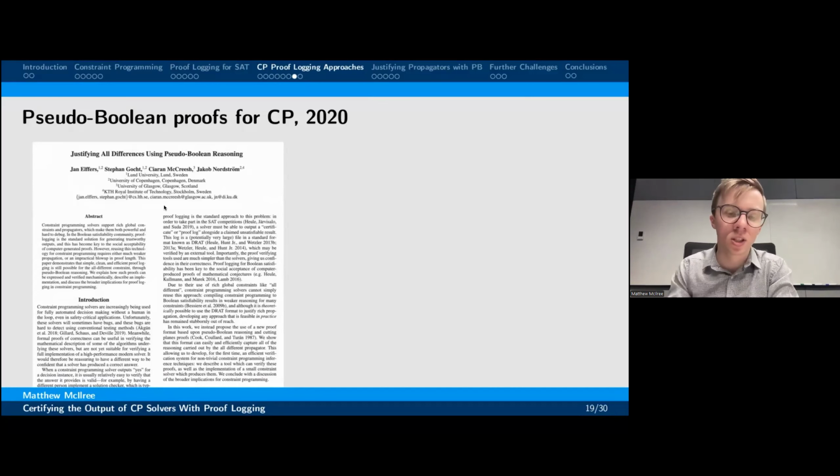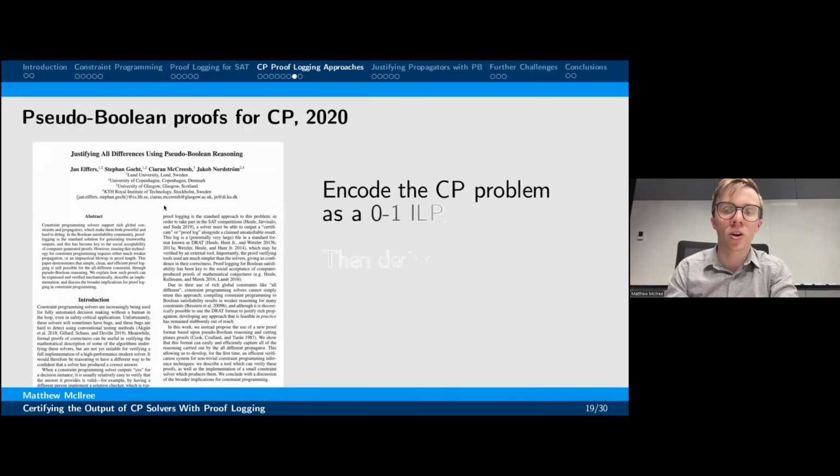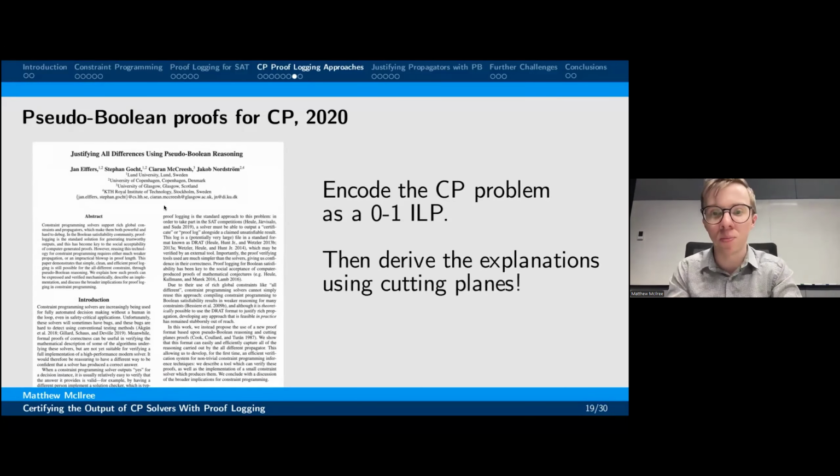But what we do is we say, well, we will pay the cost of encoding the CP problem as a 0-1 ILP, so as a pseudo-Boolean problem. And then that allows us to use the stronger proof systems associated with pseudo-Boolean reasoning to actually derive these explanations directly in the proof.